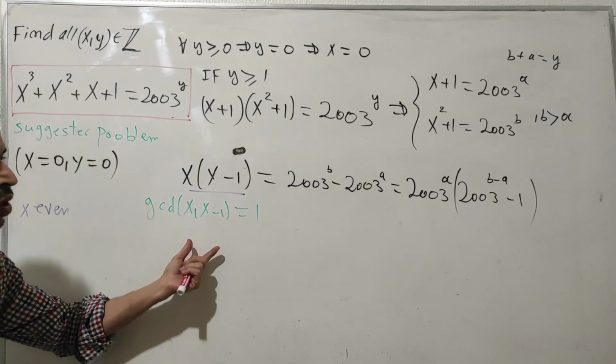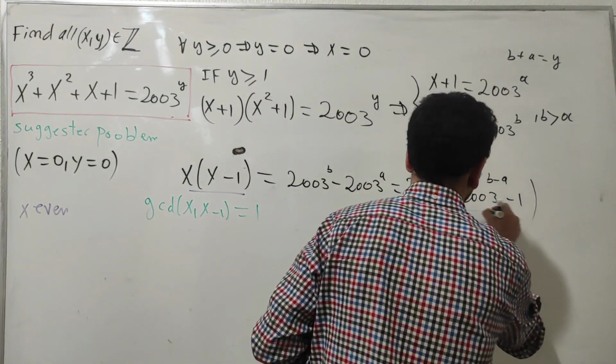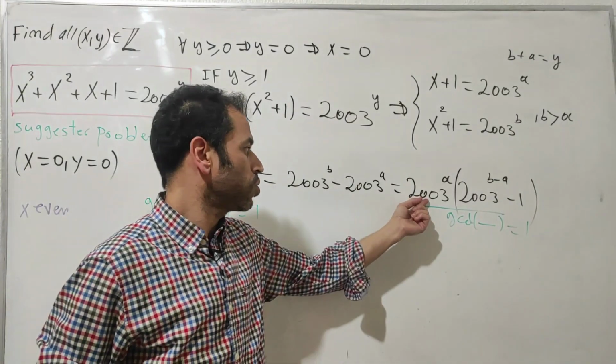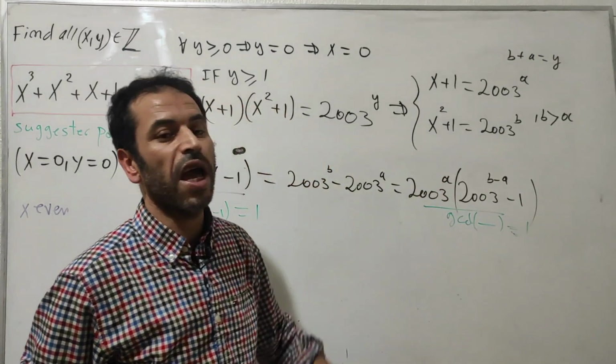Also, the GCD of this one equals 1, because this term divides this one, but this term cannot divide 1 except if a equals 0.